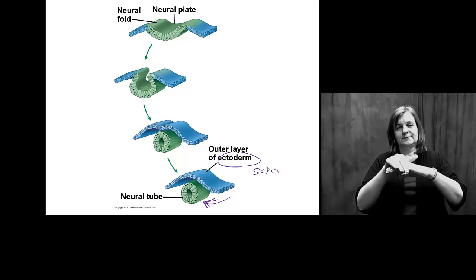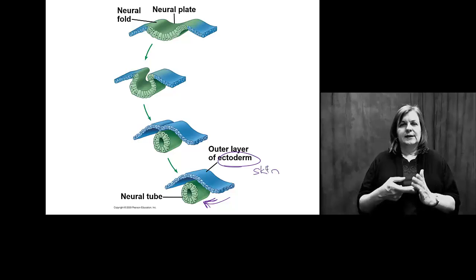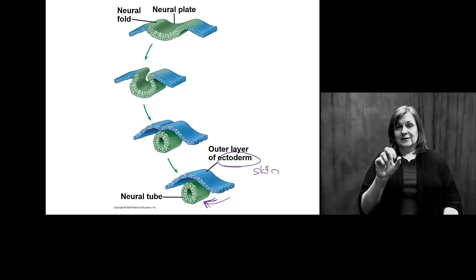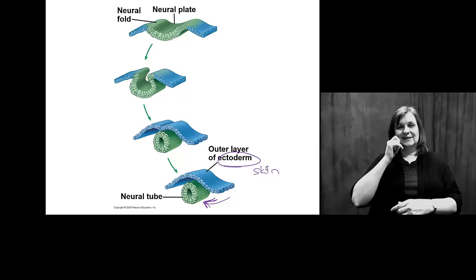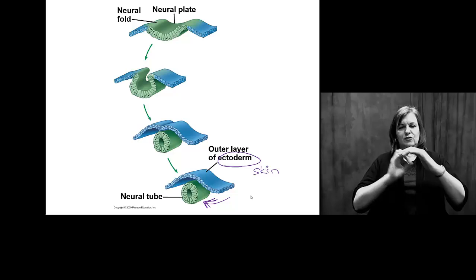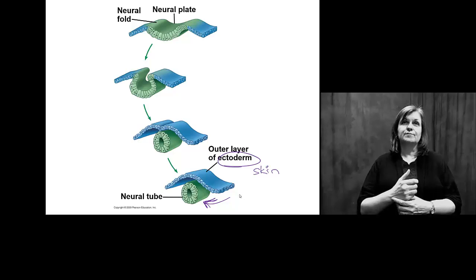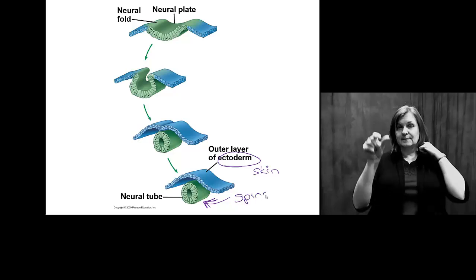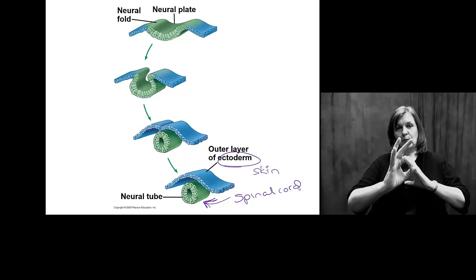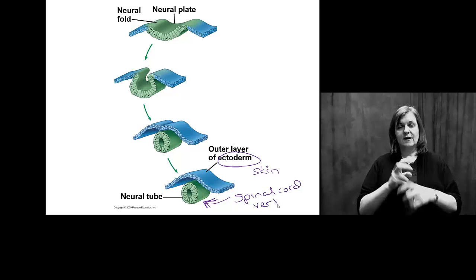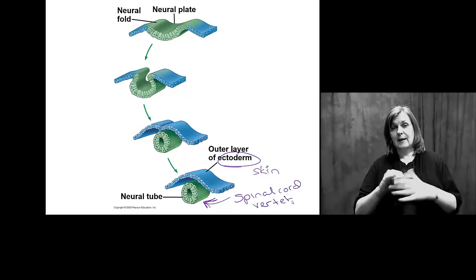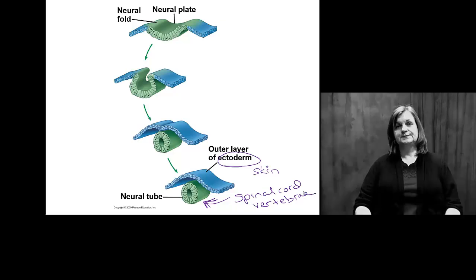skin on the outside. Of course, this means that your central nervous system is going to be protected by skin, but our neural tube is also going to help us place the spinal cord and the vertebrae for you that protect your spinal cord.